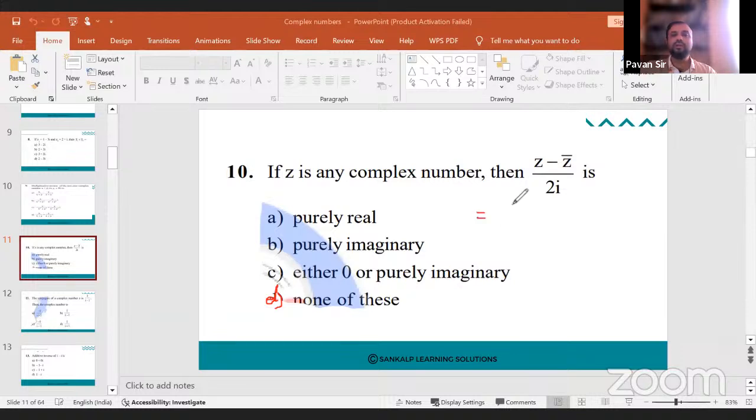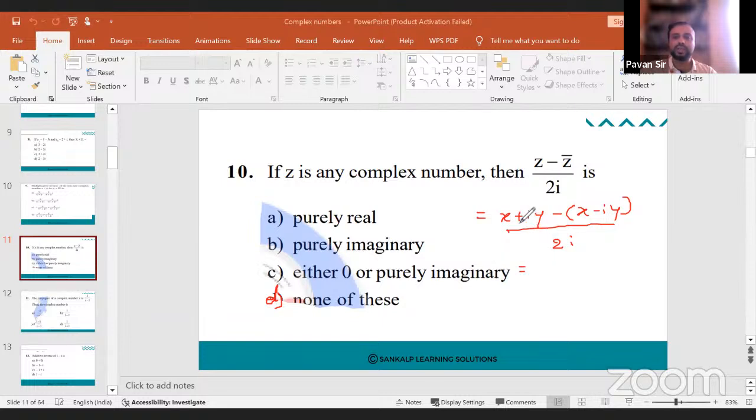So what is z? Any complex number is of the form x plus iy. z means x plus iy, minus z bar, which is x minus iy. I hope you understood this, divided by 2i. So try to solve this and you will get the answer.